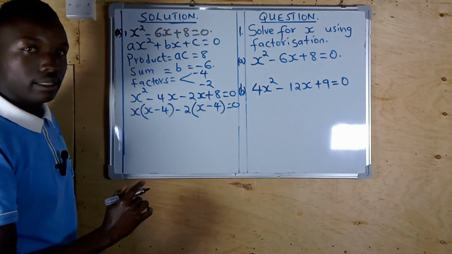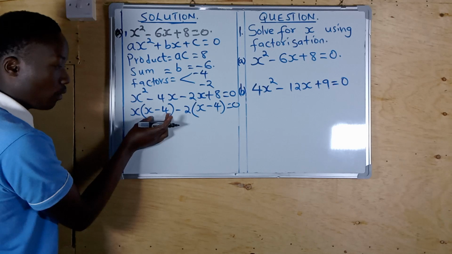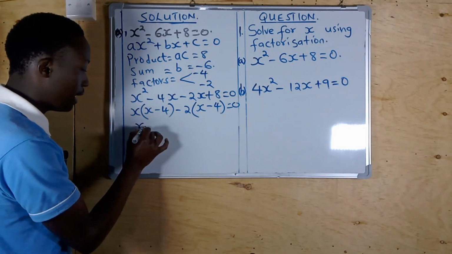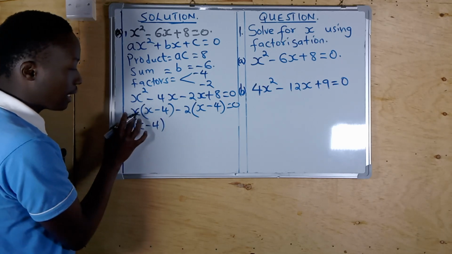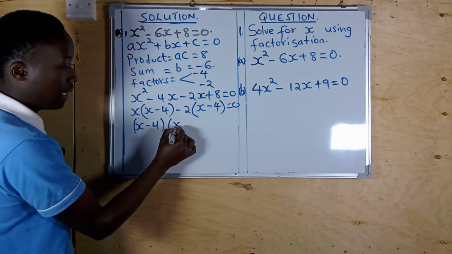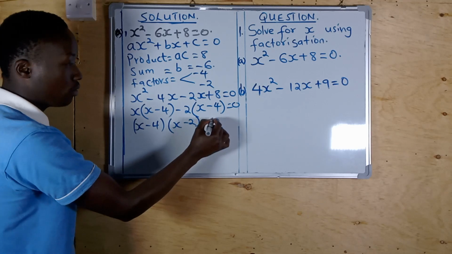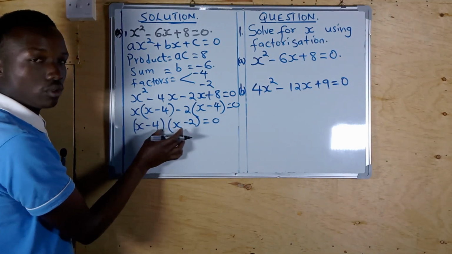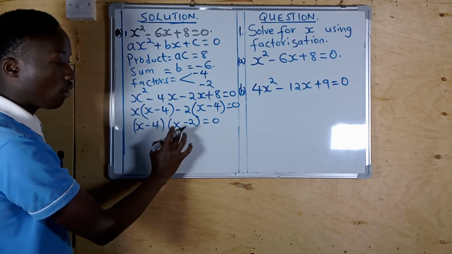And having that, we have our brackets as identical. We take one, that will be x minus 4, and we take the one outside the bracket, x minus 2, is equal to 0. So this simply means that either x minus 4 or x minus 2 is equal to 0.